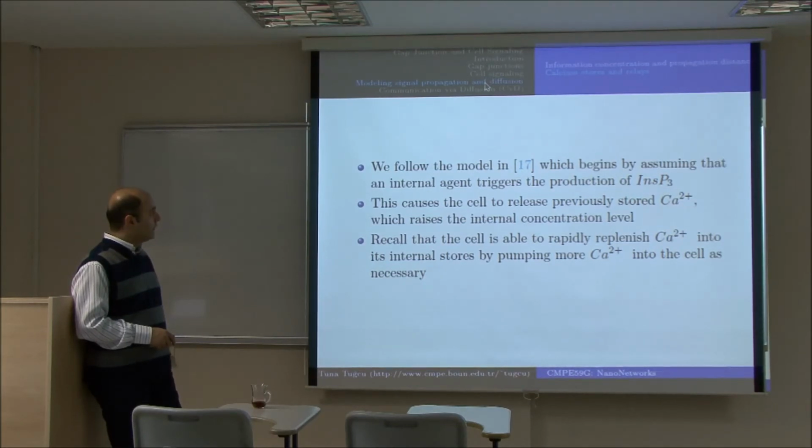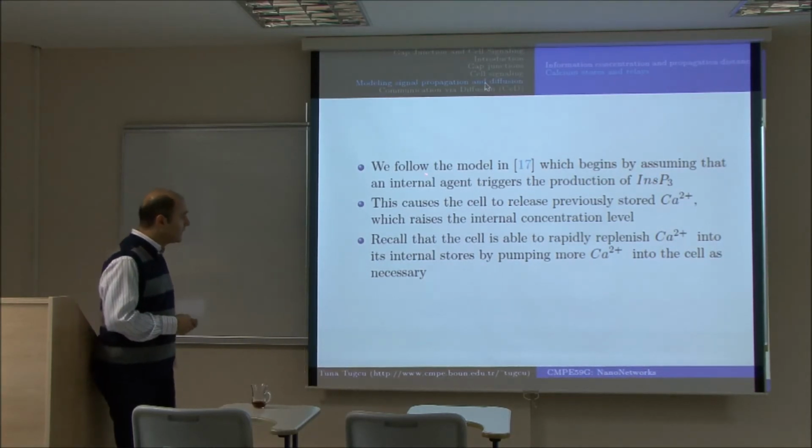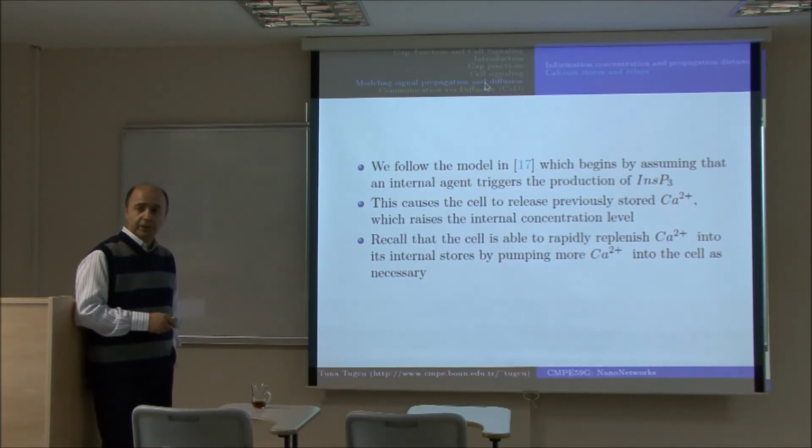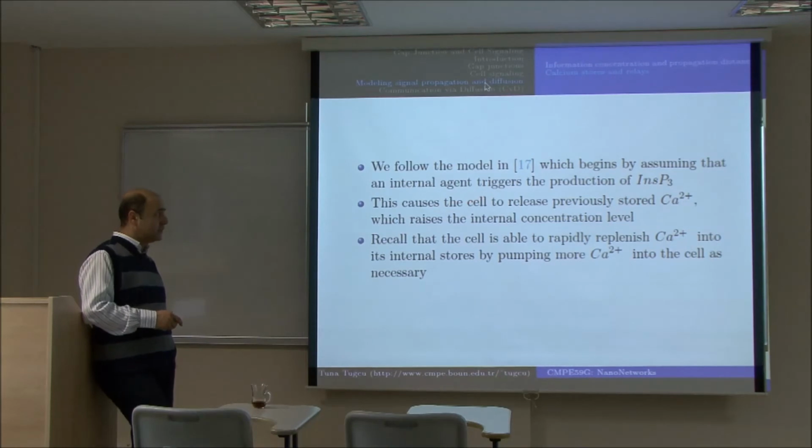We will follow the model given in reference 17, where we will assume that the internal agent triggers the production of IP3. This will cause the cell to release calcium ions that were previously stored in the calcium ion pools in, for example, the endoplasmic reticulum.